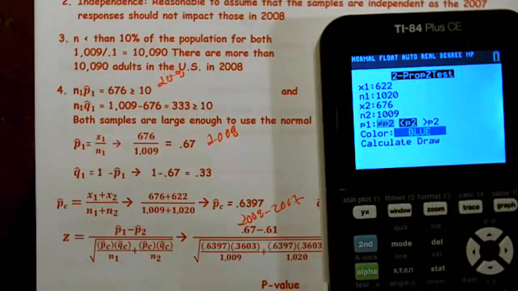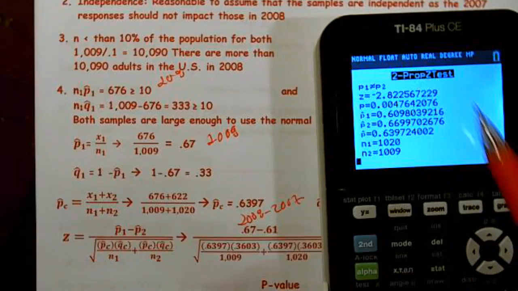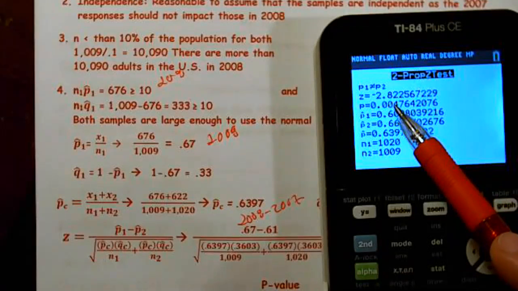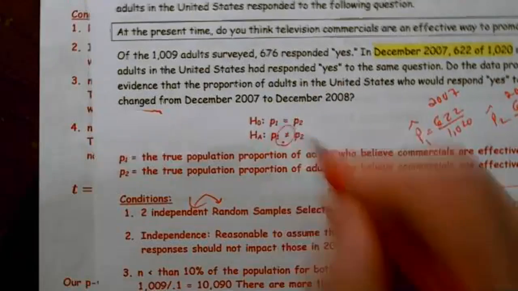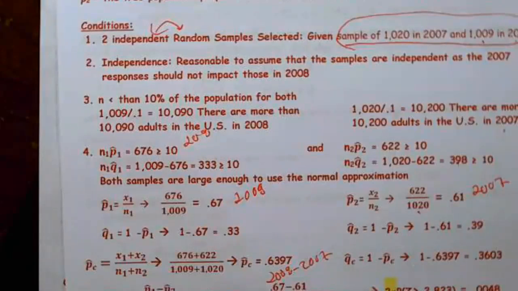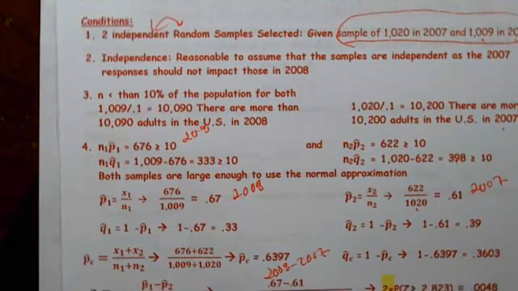We said they were interested in not equal, and we need to go ahead and calculate. And so I end up getting a z-score of negative 2.8256. Now please notice I put them two times, and the reason I did two times is because of this not equal. So make sure that when you write this down, you have a not equal. We ended up with 0.0048.